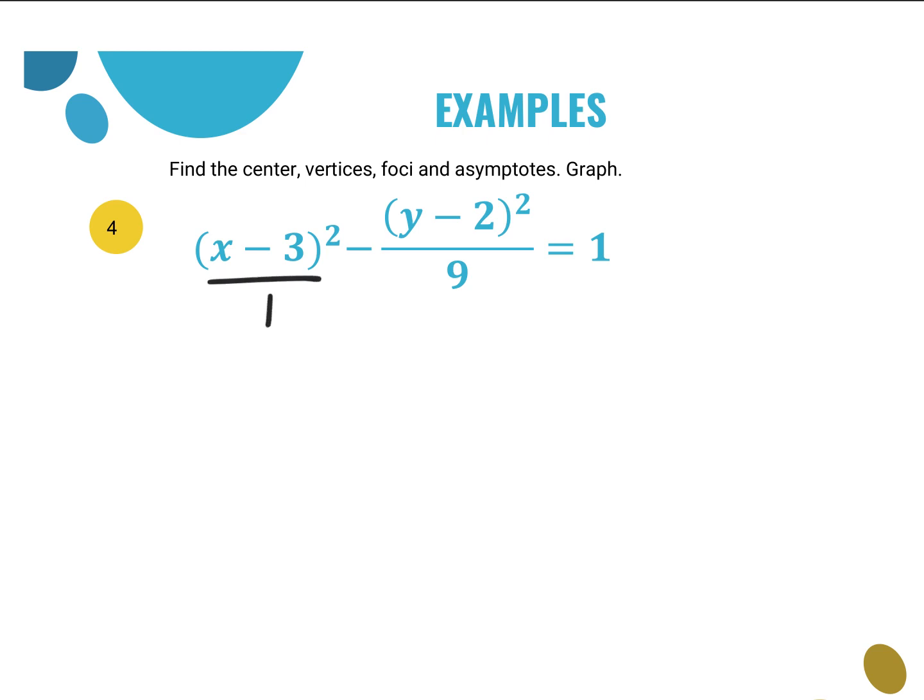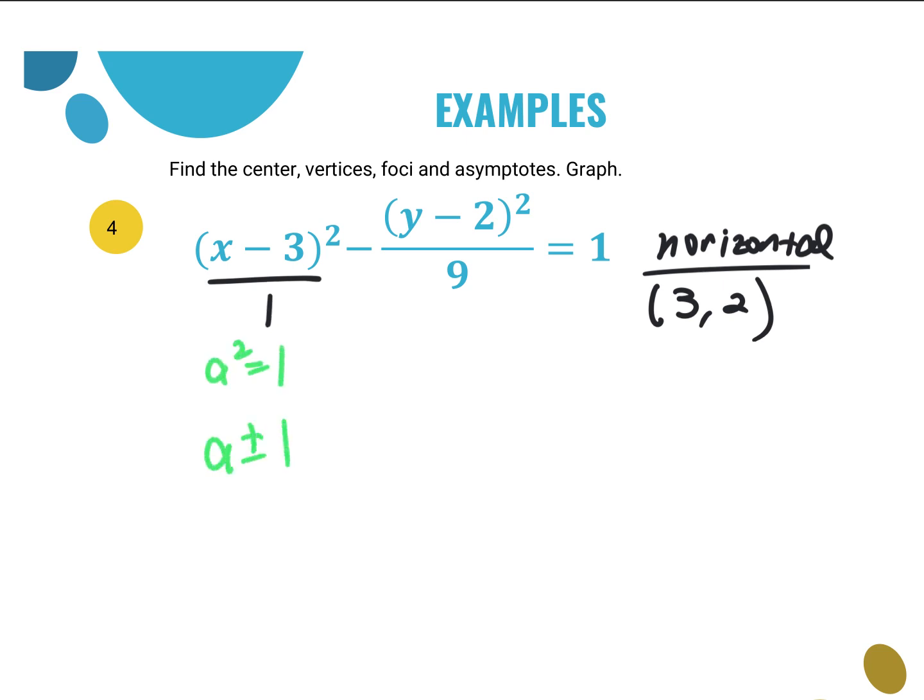I have kids. Is this a horizontal or a vertical? Why? Because x is first. Perfect. It's a horizontal. What's your center? At positive 3, positive 2. Perfect. What's your a squared? 1. So a is plus or minus what? 1.